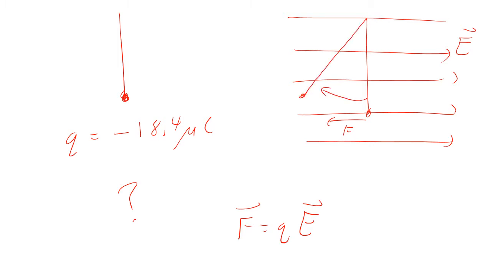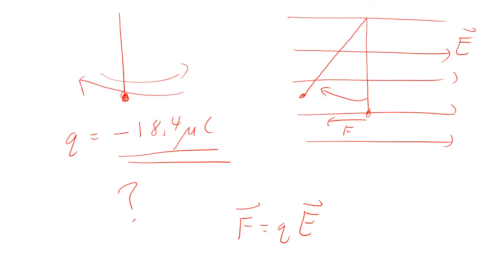So for a negative charge, the force is in the direction that the electric field is coming from. For a positive charge, the force is in the direction the electric field is going, so it's swinging with the electric field. For a negative charge, it has a force into the electric field.